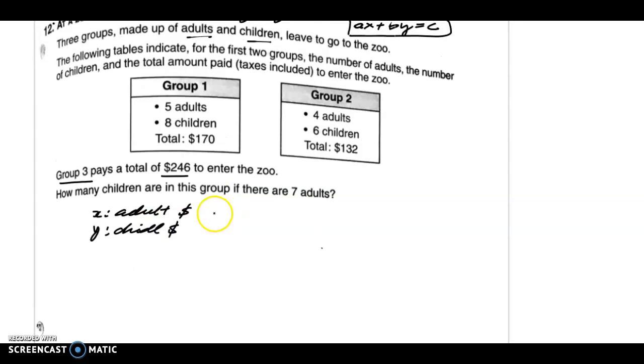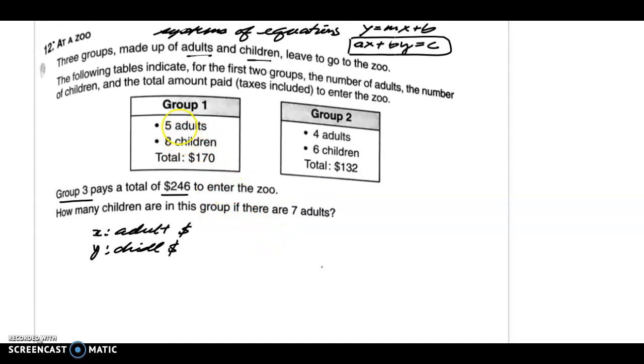So now I can actually construct, right? So we know in this group, so group 1, we can construct an equation. Just look at this. So we have 5. We don't know how many adults, but they're, well, 5 adults, right? But we don't know what the cost per adult is. And that's what x is talking about. This is dollars per adult, right?